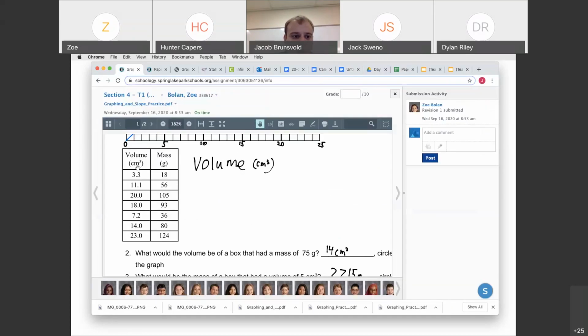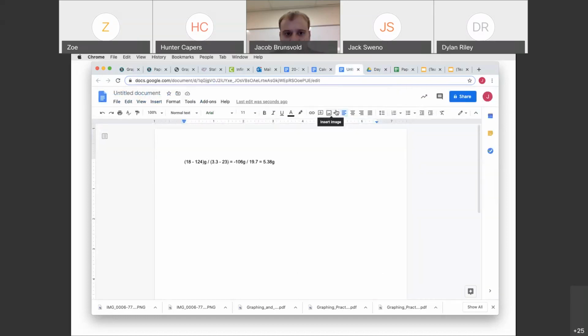Our y was in centimeters cubed. So let's add that. Centimeters cubed. Oh, I'm sorry. X was centimeters cubed. Thank you. So Y was in grams, X was in centimeters cubed. Thanks for pointing that out, Sam.